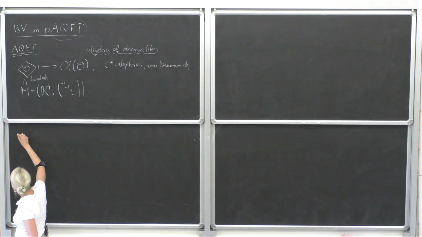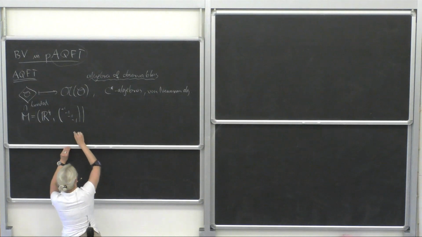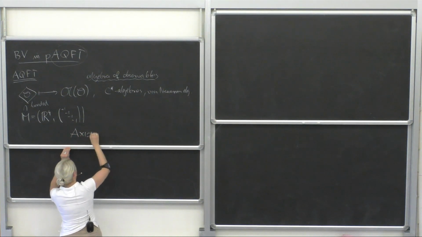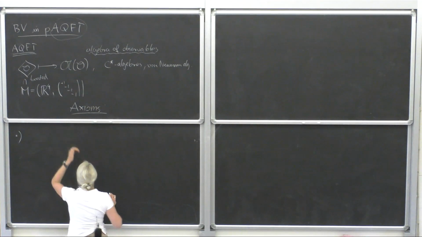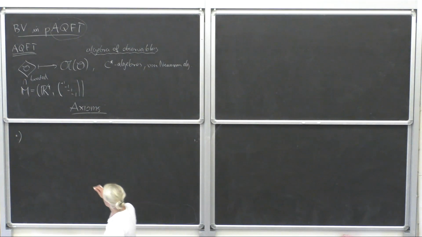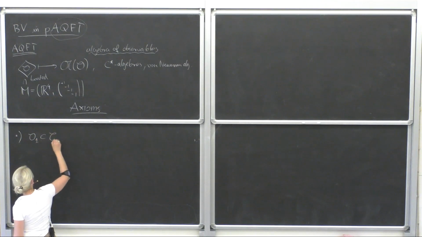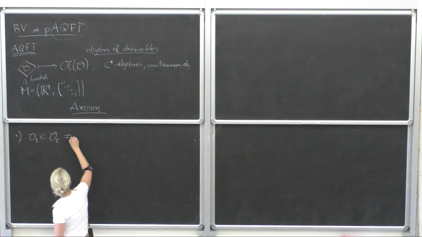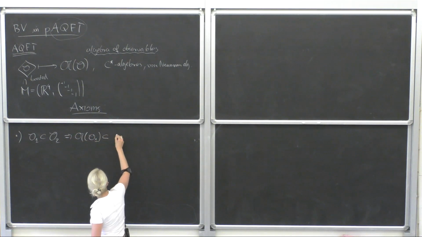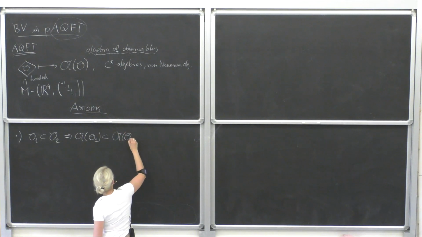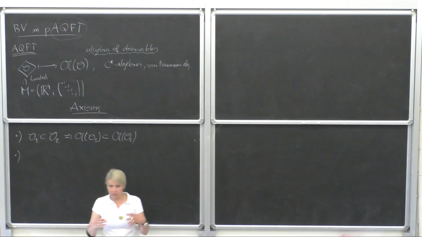So let's write it like this: axioms. The first one: if we have a smaller region inside a larger region, then we want the algebra of observables of the one to fit into the other. And then there is another one related to causality.